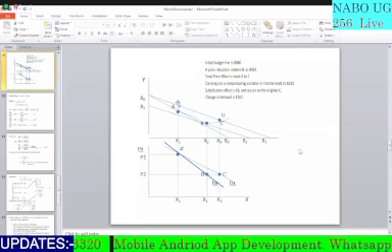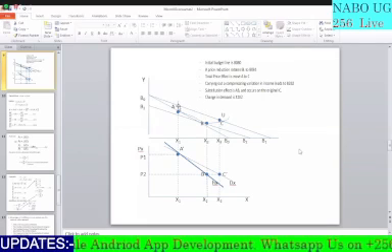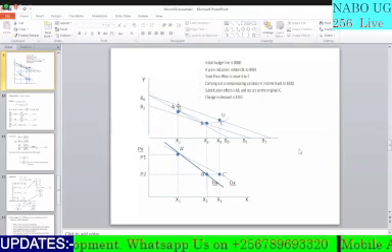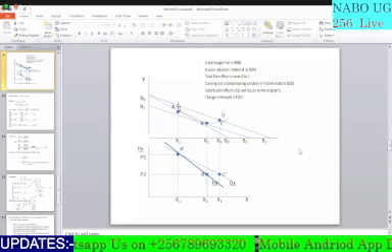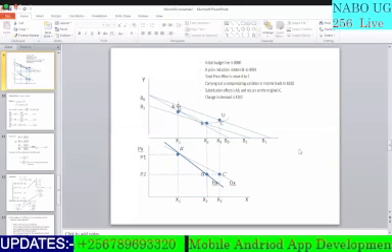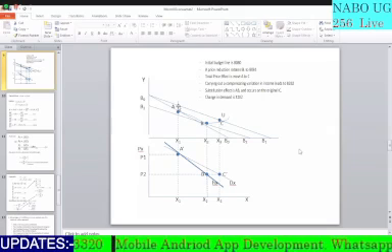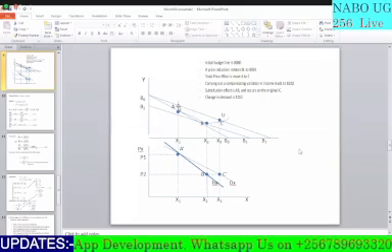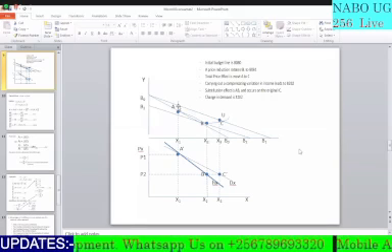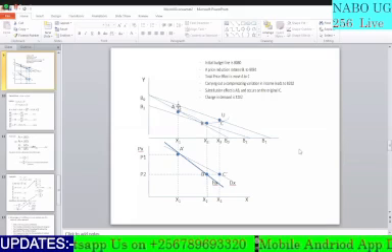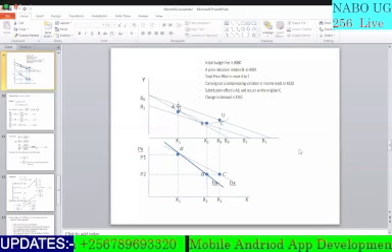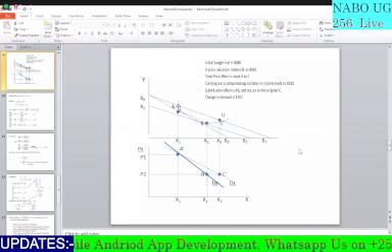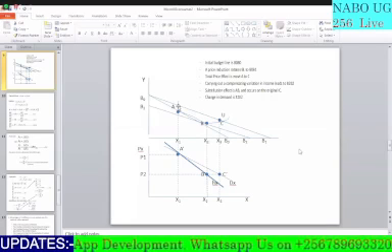When I say utility is constant, when you look at the properties of indifference curves, the definition is that this is the locus of commodity combinations which give the consumer the same level of utility. So along the indifference curve, utility is constant. The individual is indifferent as to whatever combination he consumes.